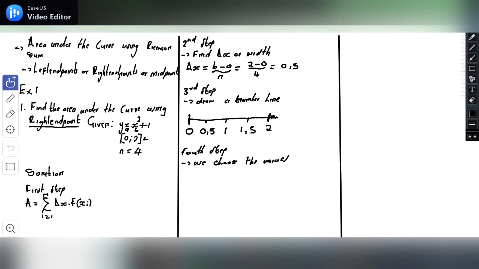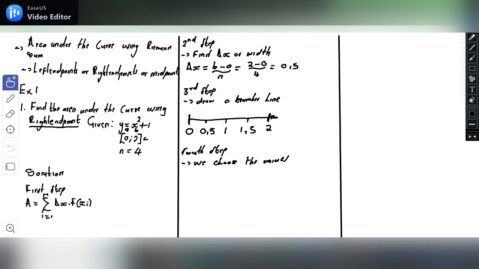We choose the values. So how do we choose the values? We check the question. What does the question require? The question requires us to find the area under the curve using the right endpoint. So whenever we're using the right endpoint, we start counting from the right going to the left. If you count these numbers here, it's 0, 0.5, 1, 1.5, 2.